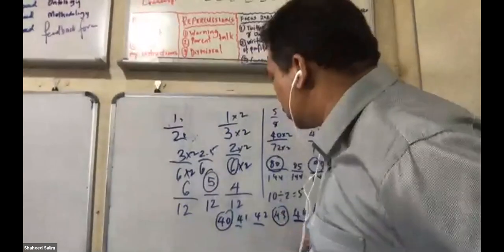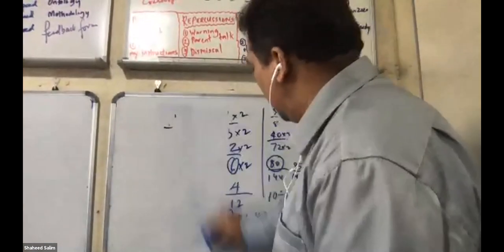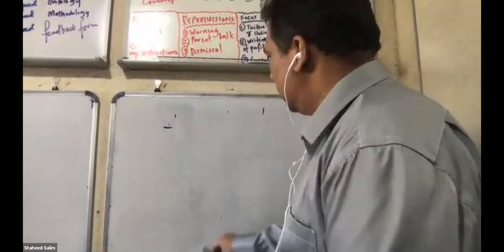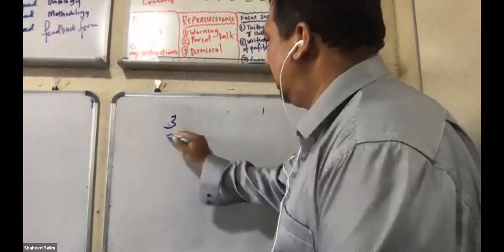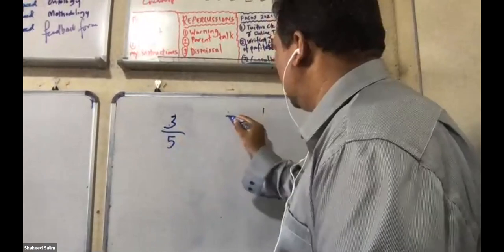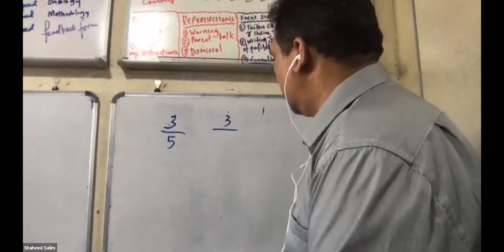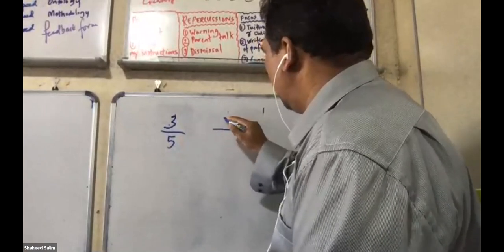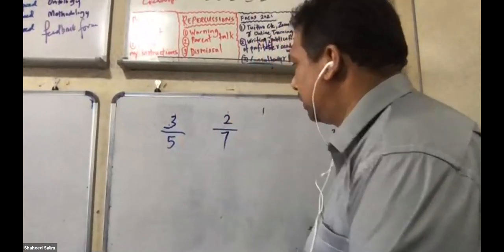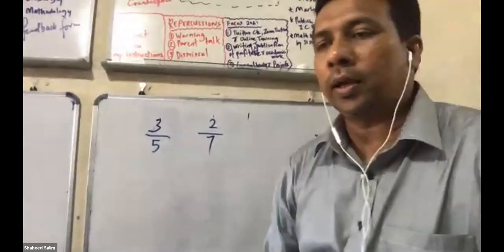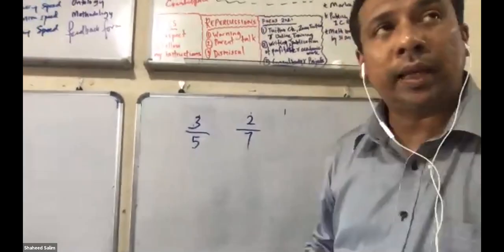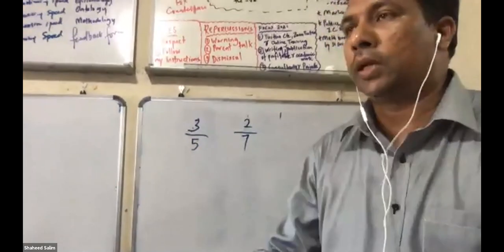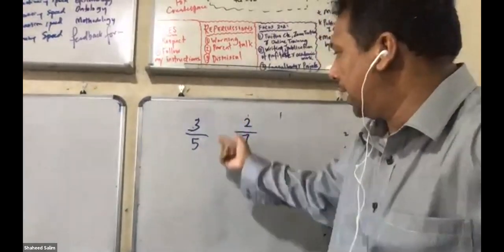You try this one now. The difference between 3 over 5 and 2 over 7, the exact point in between.